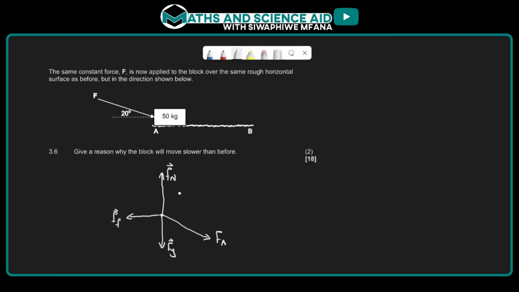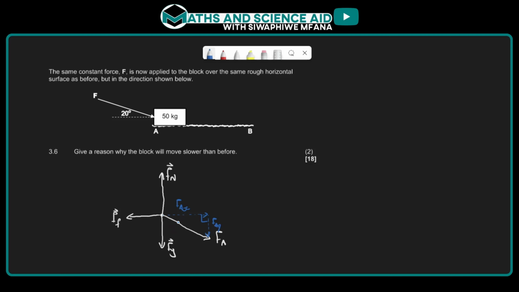to the block. And now we need to note that this time around we can resolve the components of these forces Fa as follows. So we have a horizontal component or Fa of x component here, and we also have a vertical component or Fa y component like this, and they are perpendicular to each other.